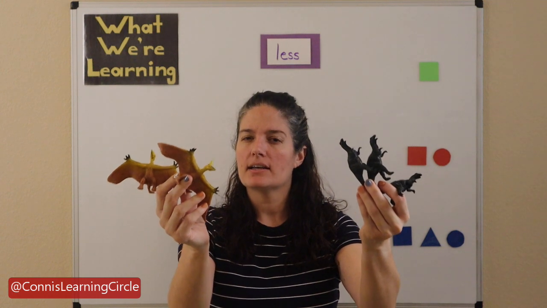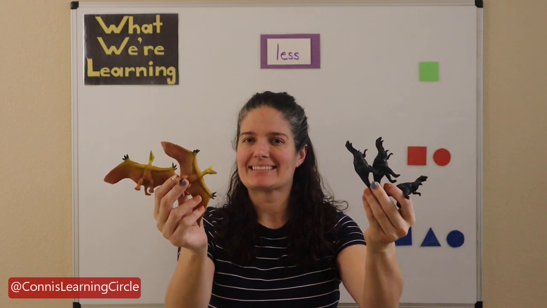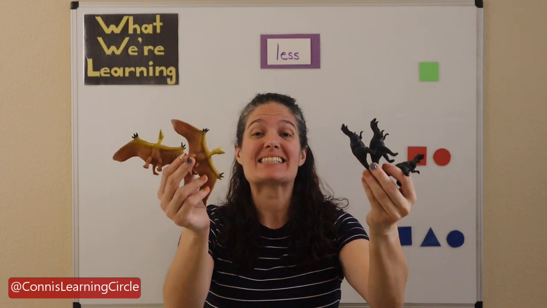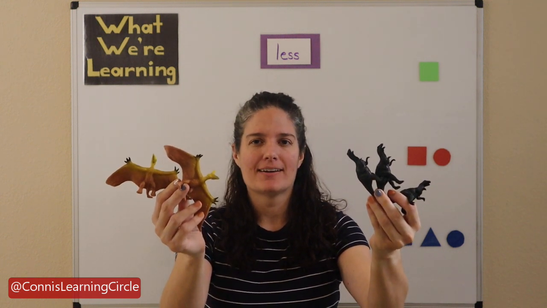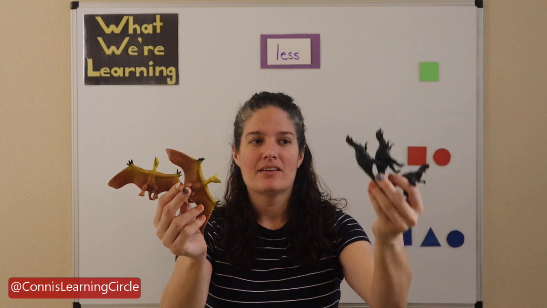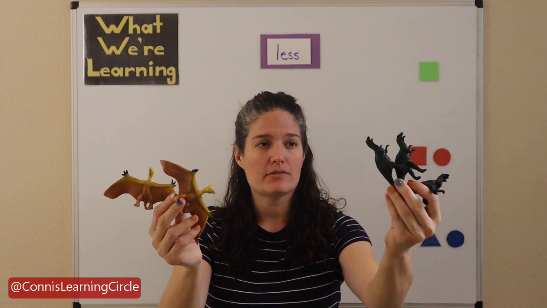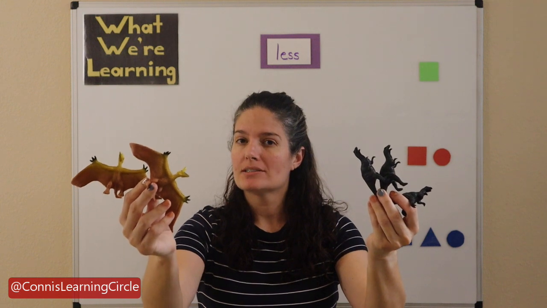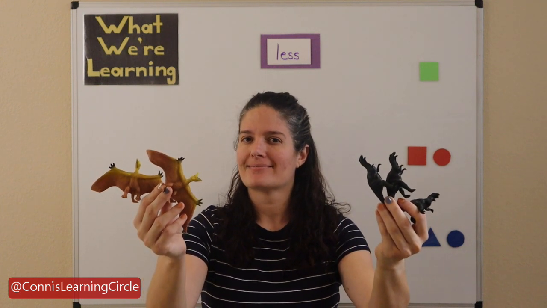Which hand is holding less? Which dinosaurs do we have a smaller number of? The one with 3 T-Rex dinosaurs or the one with 2 pterodactyl dinosaurs?